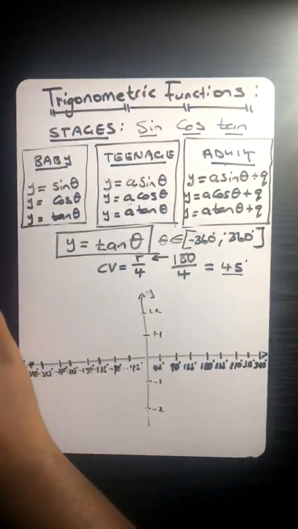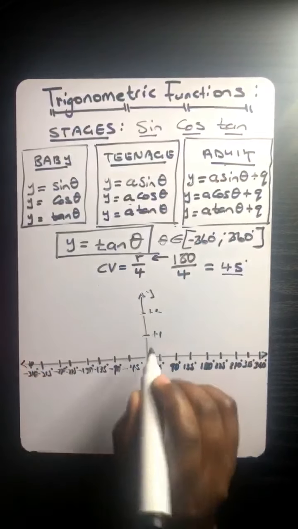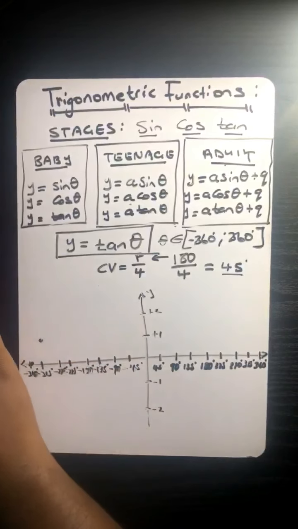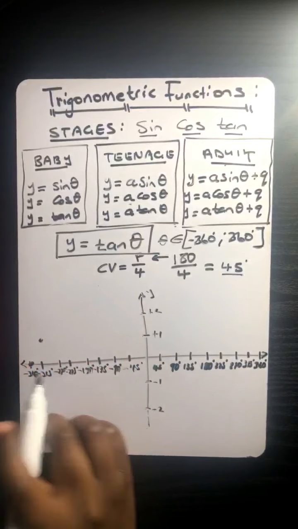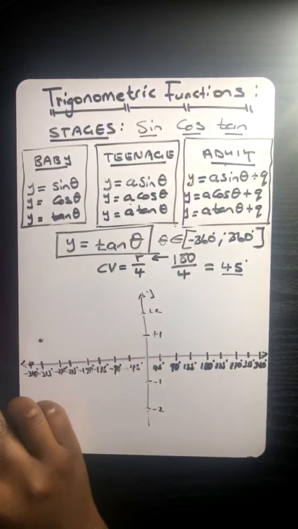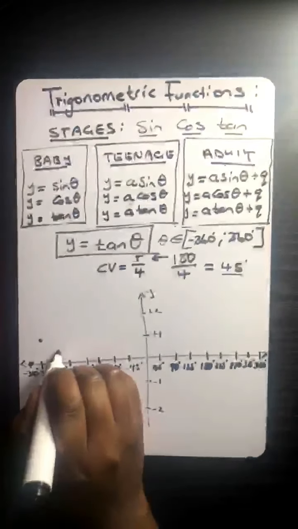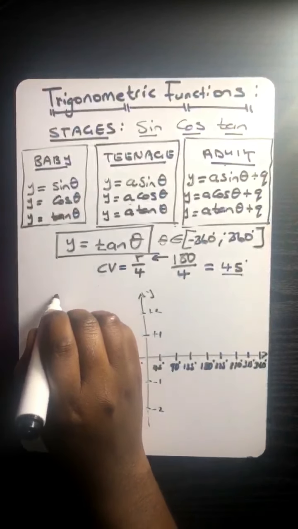What about negative 315? Negative 315, I'm getting 1. And then let's get to the second angle, is it negative 270? Hey, I'm getting error there. Oh, okay. So everywhere it gives you error, guys, just do a broken line.